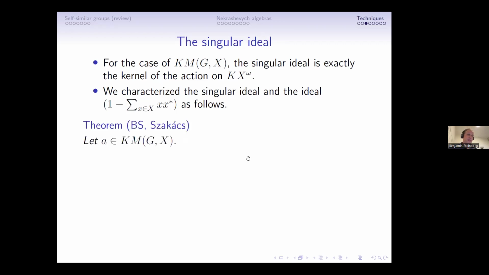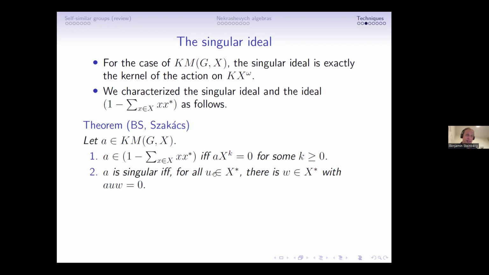So this is the characterization. If you have an element of this monoid algebra, it belongs to this Cuntz-Krieger style ideal if and only if it annihilates all words. So there's an integer k so that a times any word of length k in this monoid algebra is 0. And it's singular if for any word u, there's a way to make it longer so that it gets killed by a.